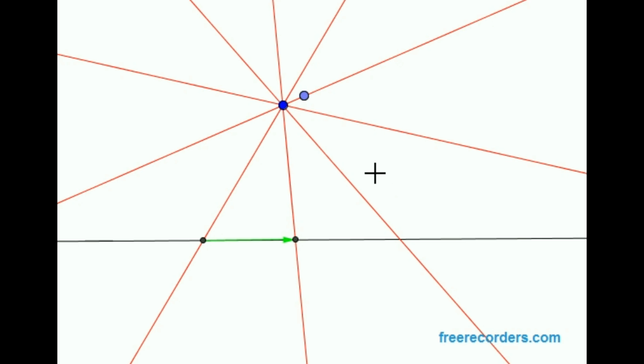So any line, let's say this one here, is going to be rotated by a fixed angle, and the rotation is centered upon this blue point here. So in this case we have a rotation of 72 degrees, which makes this line go to this line, and so forth. We generate this whole sequence.